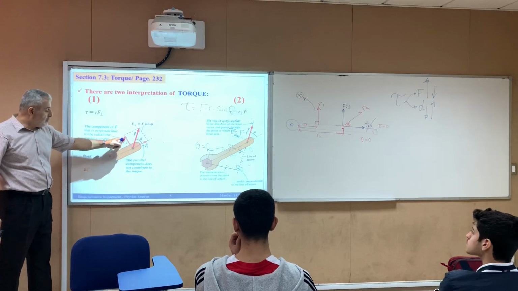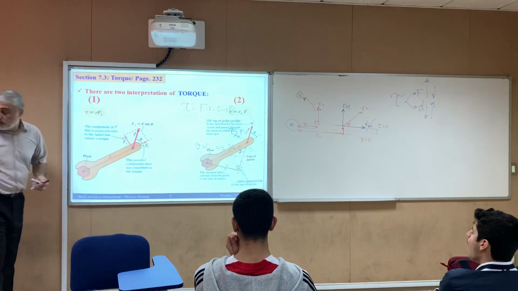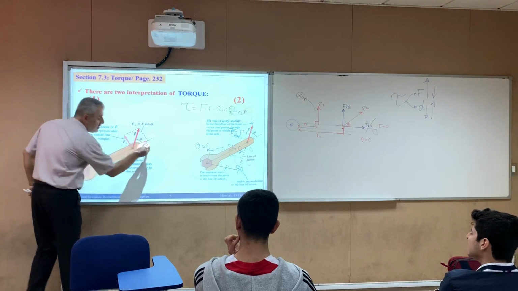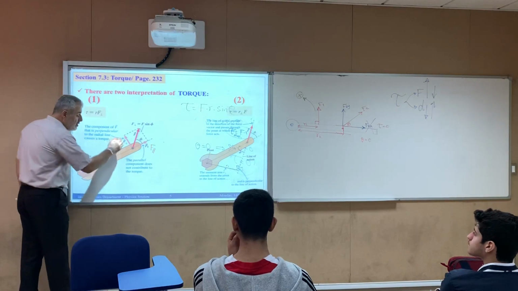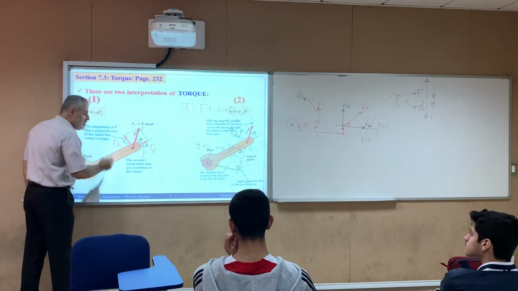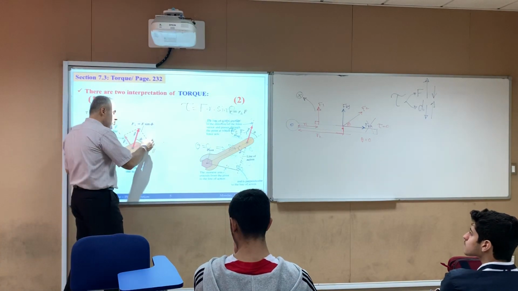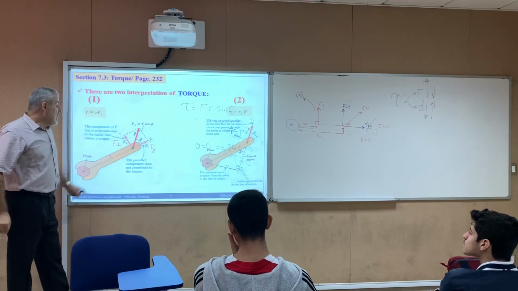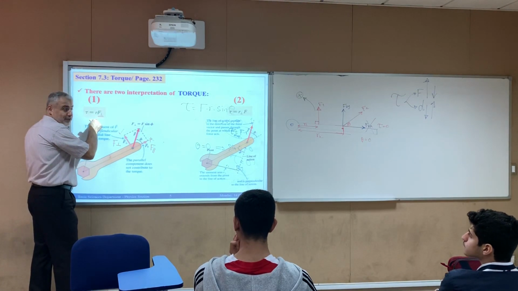This is the perpendicular force, not this parallel one. We write two lines for parallel, and this symbol stands for perpendicular. So this has a torque, this has no torque. So here we have the perpendicular force.